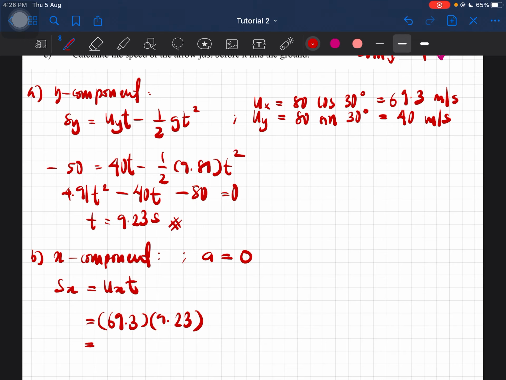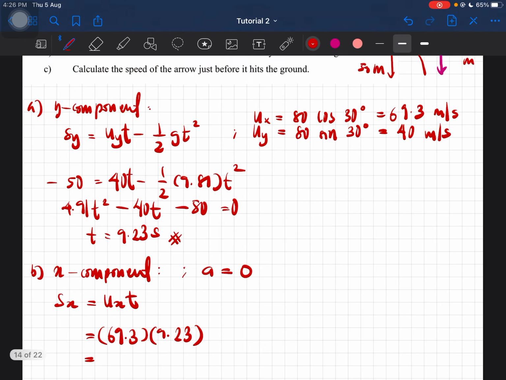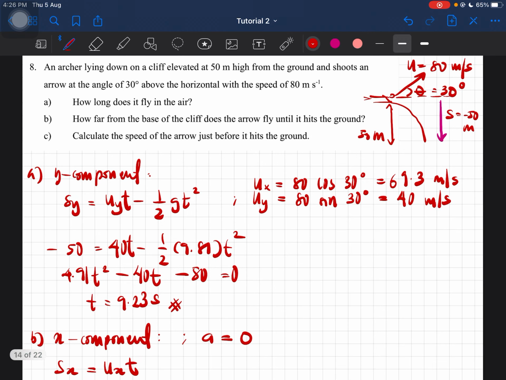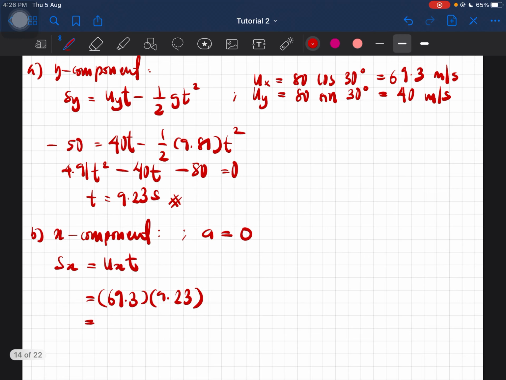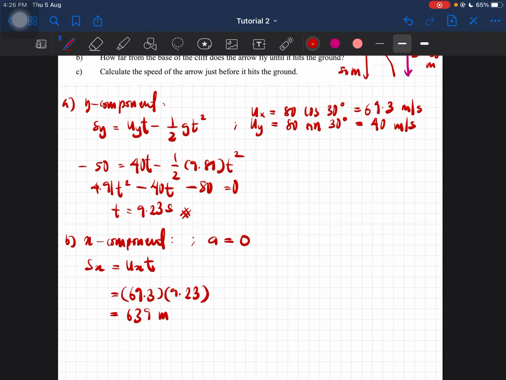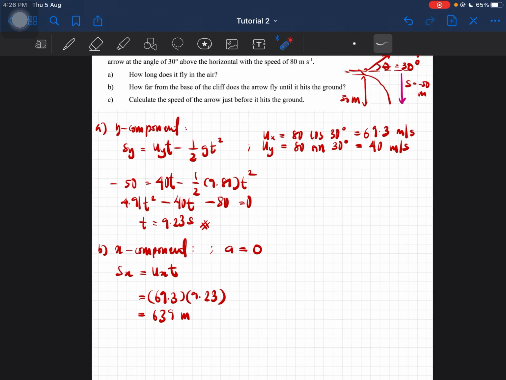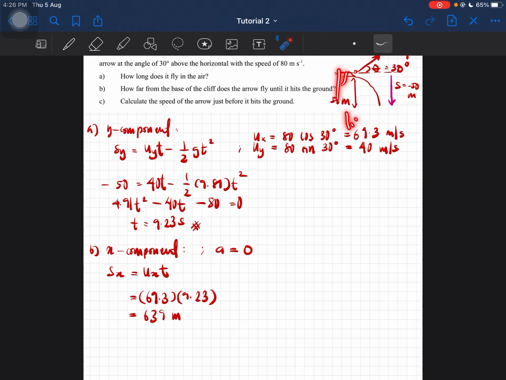So you can just find, why am I so blur? Okay, you can then get the distance to be 639 meter. Okay, so that is your horizontal distance, which is how far from this base of cliff the arrow goes through.